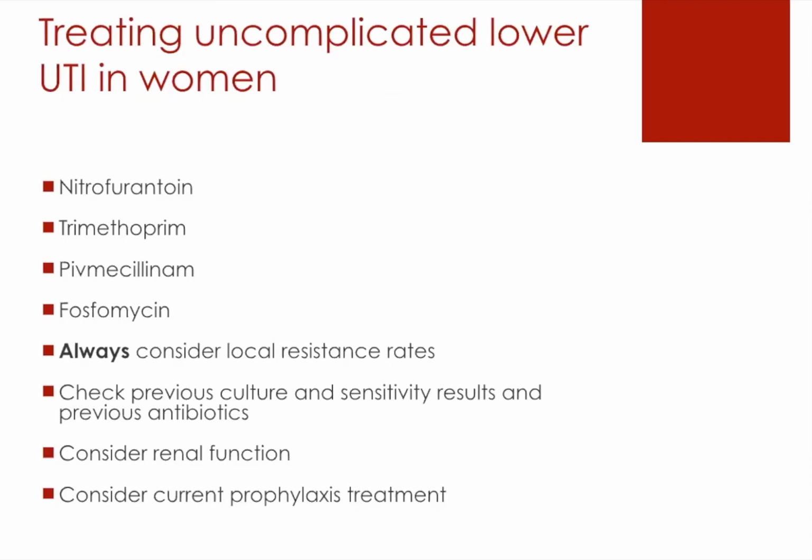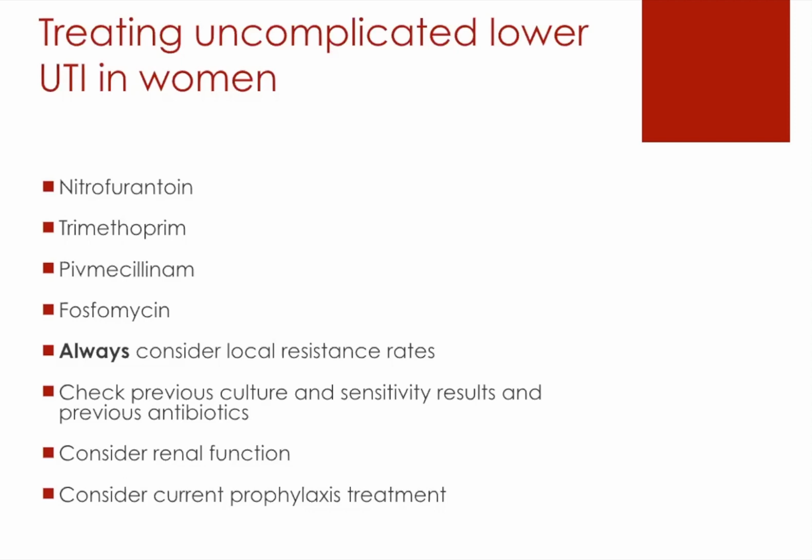So we're going to run through lower UTI treatment in this webinar because of the time constraints. We've got 4 options really. We've got Nitrofurantoin, Trimethoprim, Pivmecillinam, and Fosfomycin. Fosfomycin is one you won't come across very often, and the reason for this is it's normally reserved for these pathogens that produce ESBLs.